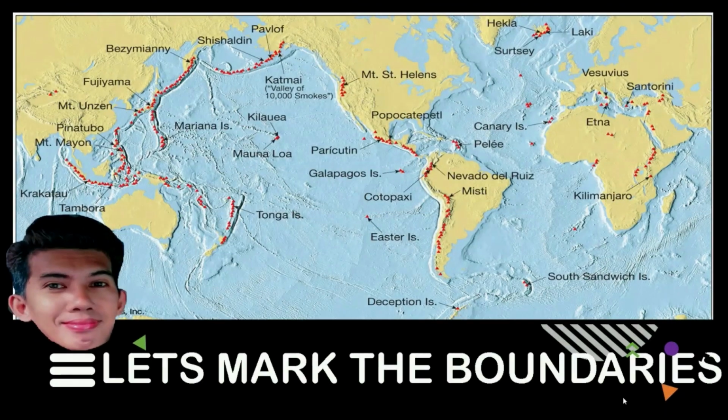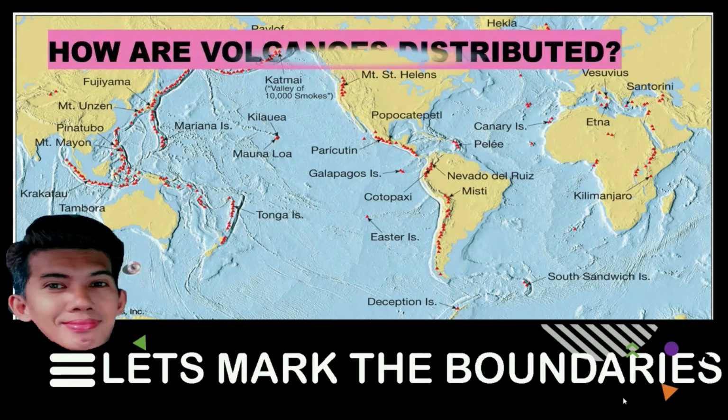Now, look at the red dots in the map. These are the projected locations of volcanoes in the map. How are volcanoes distributed?